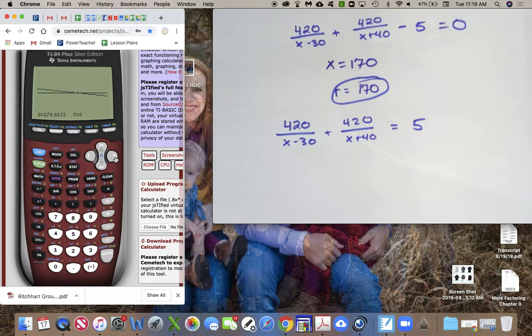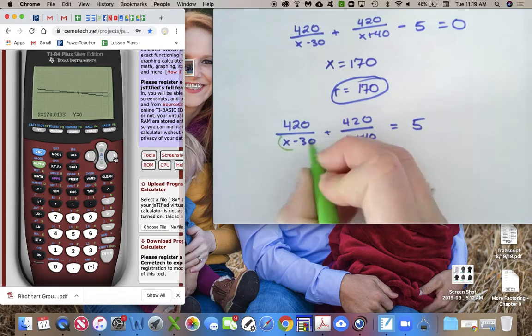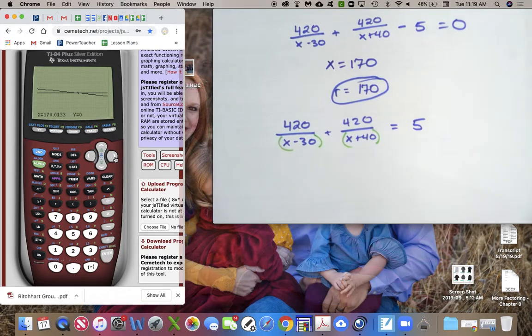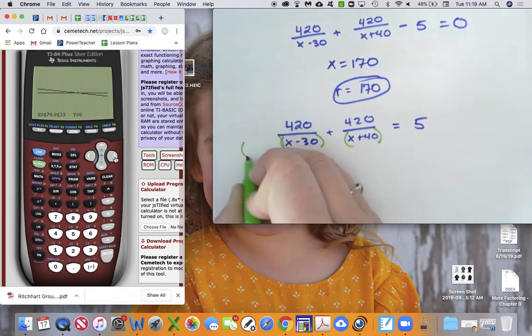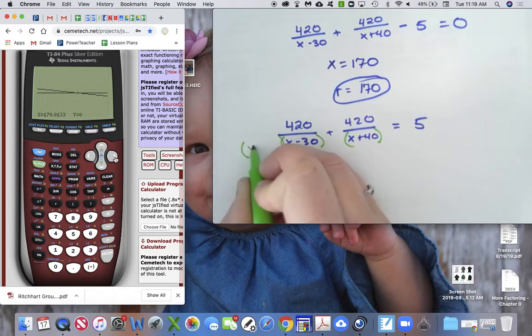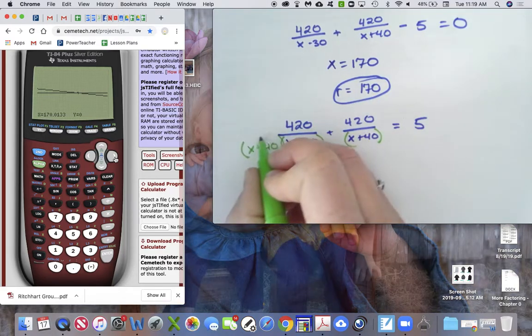What are you going to have your denominator be? It can't be that, this is like a quantity right here: x minus 30 and x plus 40. What can my common denominator be if I'm going to combine stuff? Don't you just take 170 minus 30? No, I'm trying to get 170 using algebra.